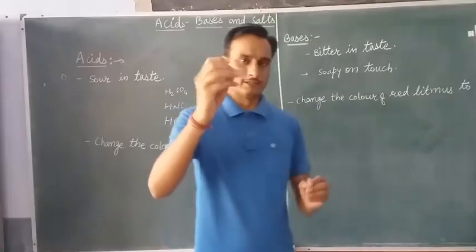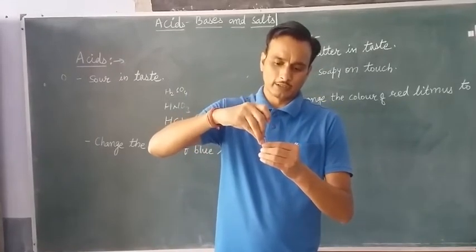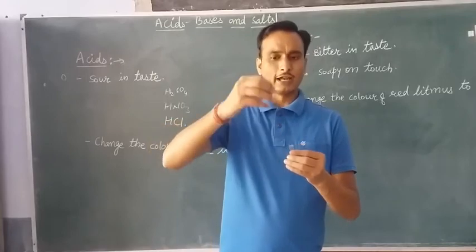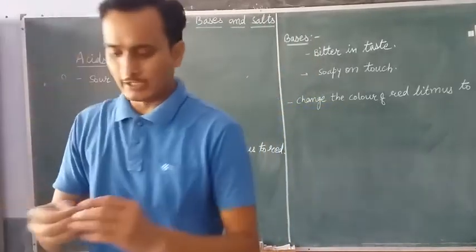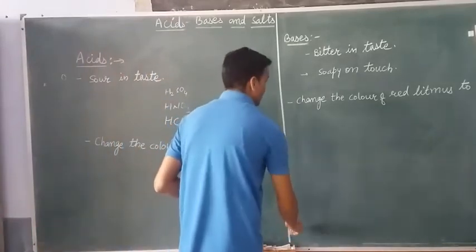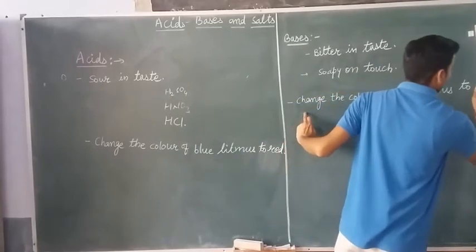Now, we will study the effect of base on red and blue litmus paper. A red litmus paper is taken, and we dip it in the solution of a base. Then we see that the red litmus paper turns blue. Therefore, we can say that bases are the substances which change the color of red litmus to blue.